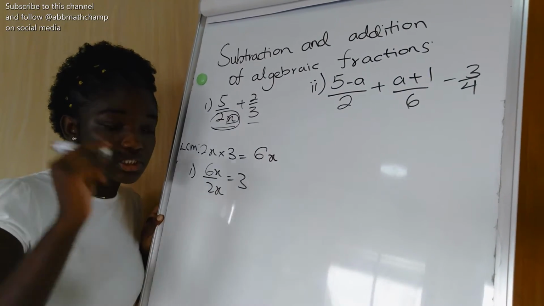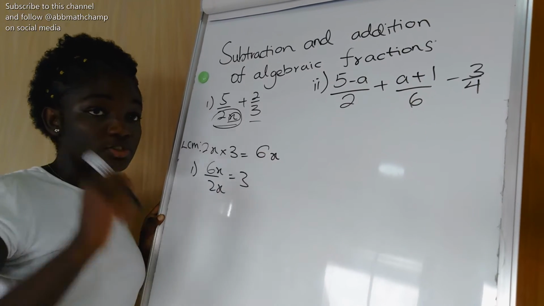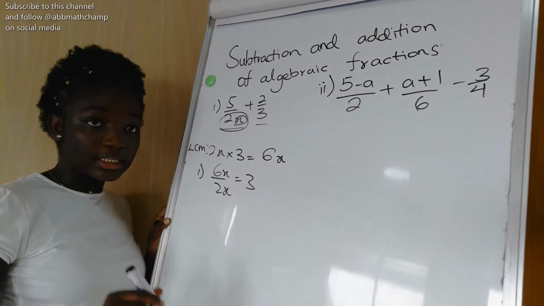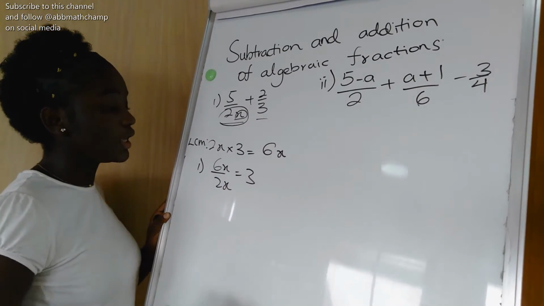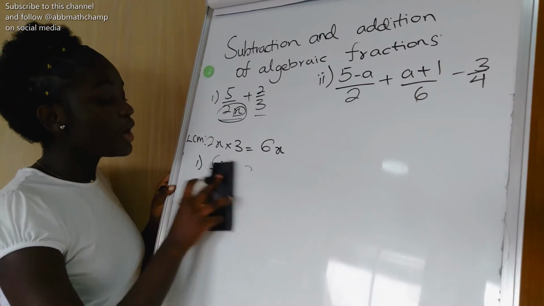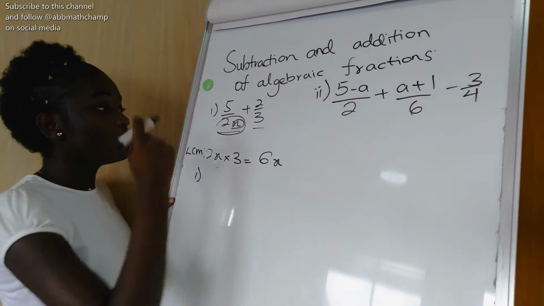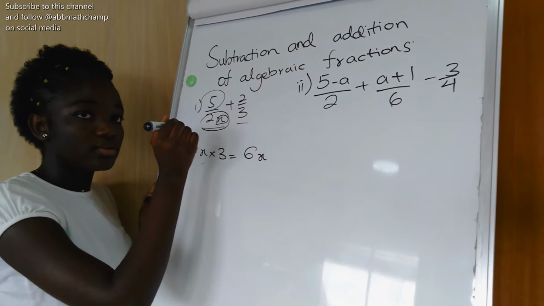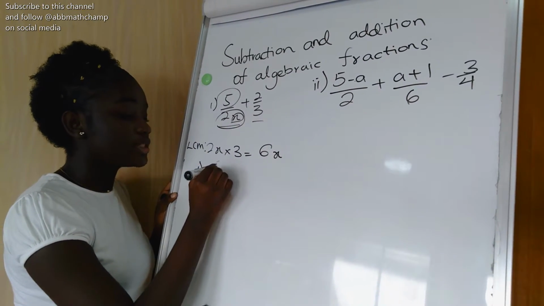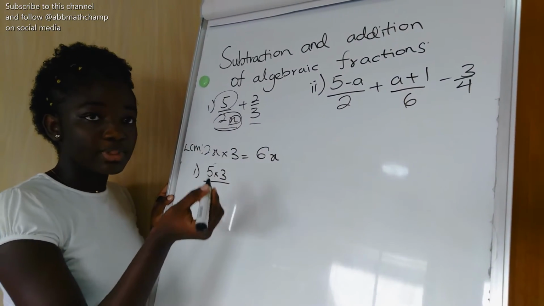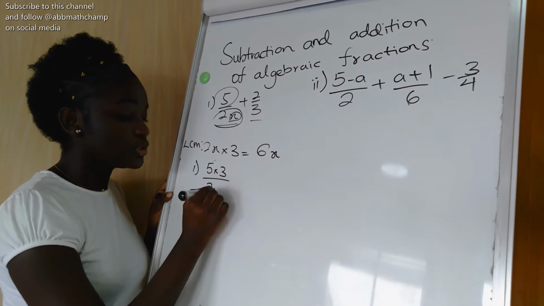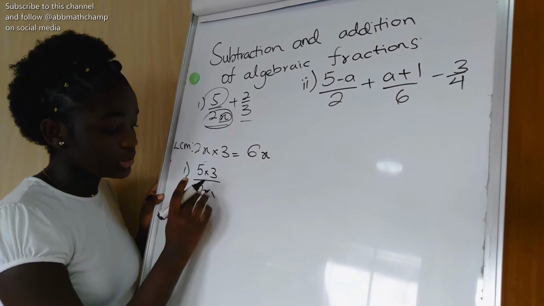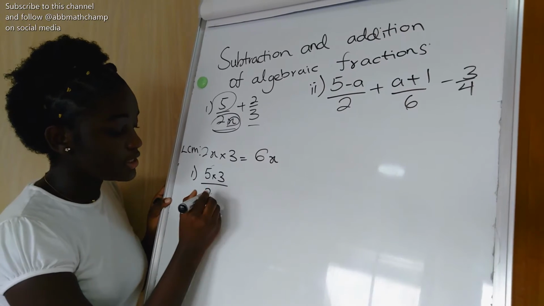If you've not watched it, watch it through the link in the description box. So that's 3. After you found that, you multiply it by the numerator, so 5 times 3, and also by the denominator, 2x, just so it doesn't confuse.